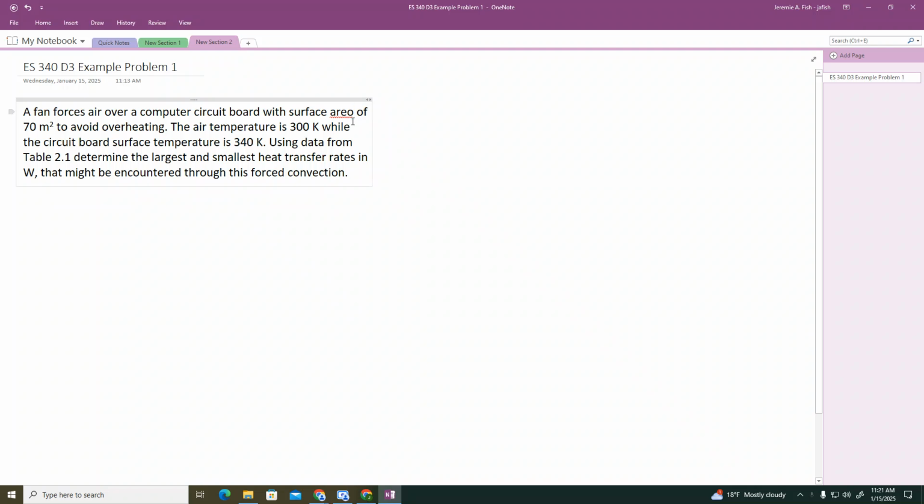This one we're going to be dealing with convection, so heat transfer rates through convection. A fan forces air over a computer circuit board with a surface area of 70, this should have been centimeters squared, to avoid overheating.